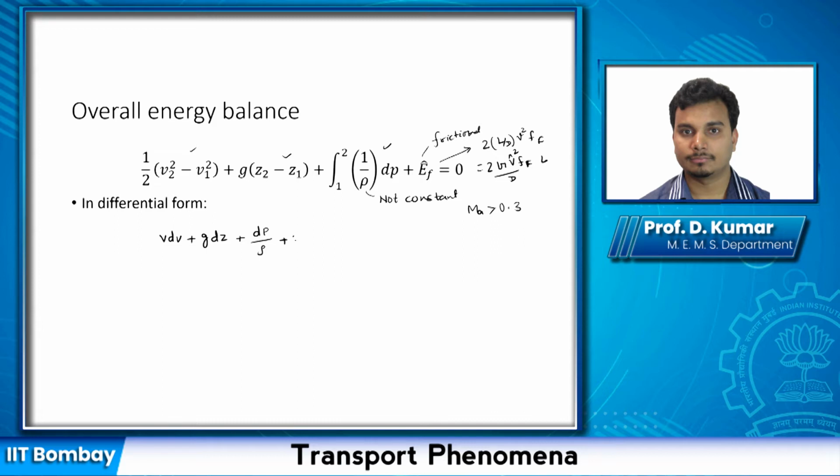So what we can write here is 2 G squared V hat squared by D times f. Now what we can do is, let's say it is horizontal, so we just get rid of this term.